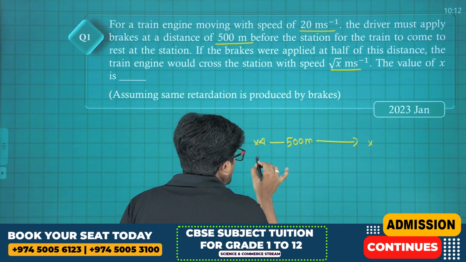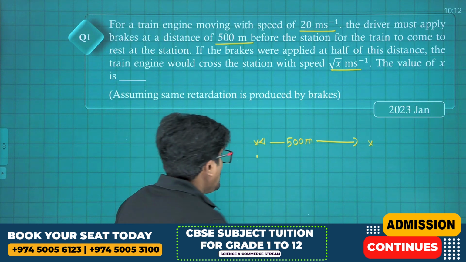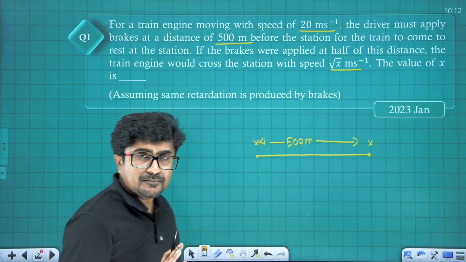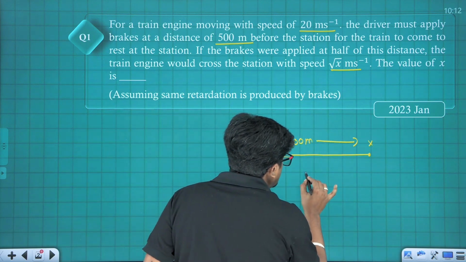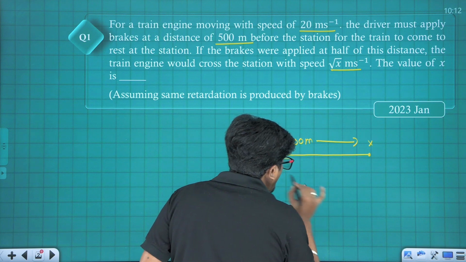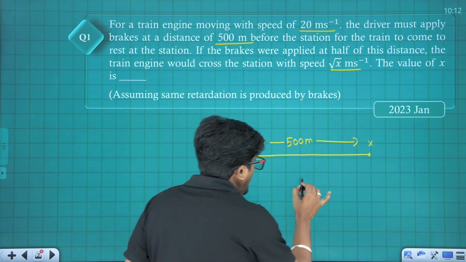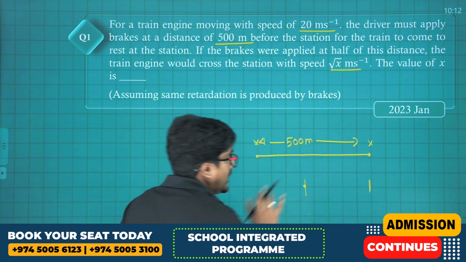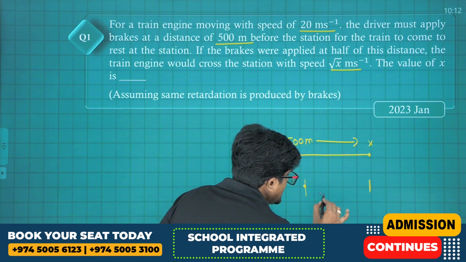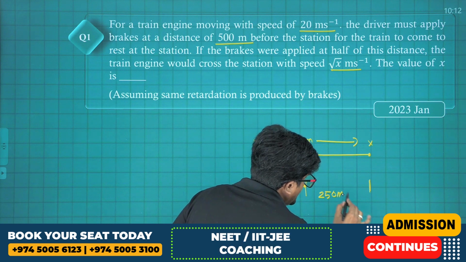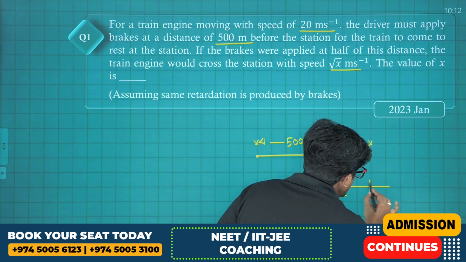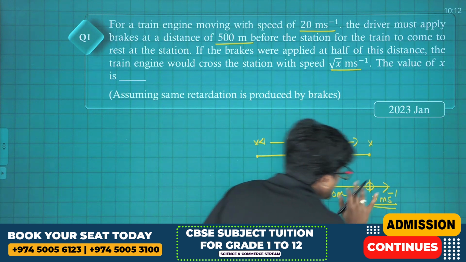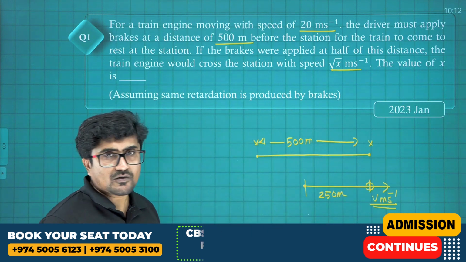Now if the driver managed to apply the brake here, the train can come to a state of rest at the station. Now assume the driver forgot to apply the brake, and once the train is exactly midway between the earlier point and the station, we can mark this distance as 250 meter. Here only he managed to apply the brake. So with what speed will the train be crossing the station? That is the question.